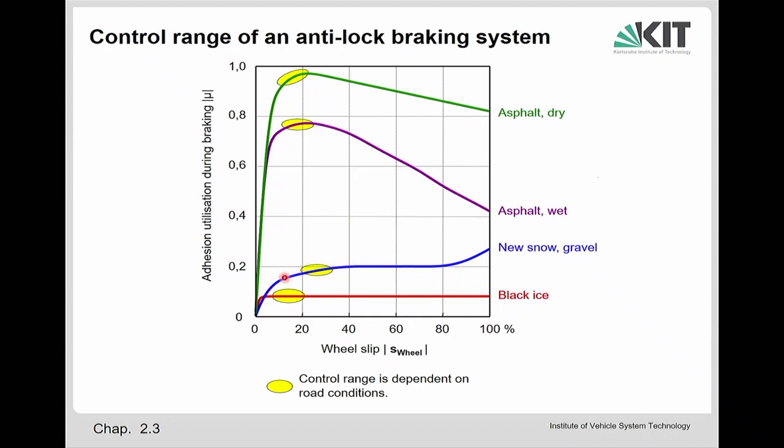So it's better to stay with a slip in a moderate area, so that under all conditions we have the chance to transfer a high amount of force between road and vehicle. And so this is a control range. The yellow area is the control range of the ABS system, so it always stays with moderate wheel speed.